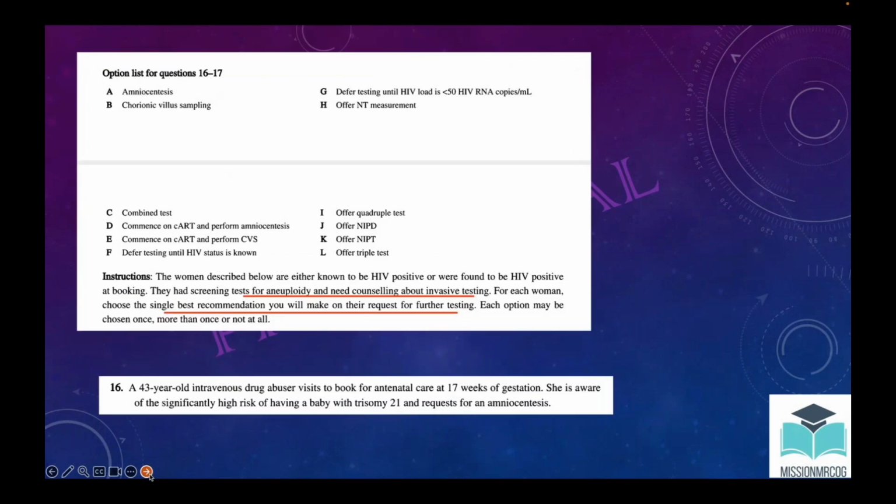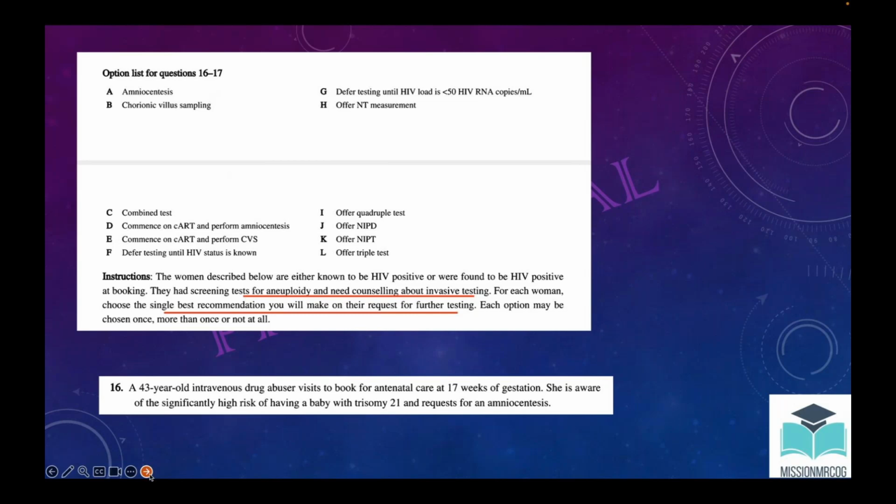So the patient is known to be HIV positive or found to be HIV positive on booking, so the screening test for infection and counseling about invasive testing. A 43-year-old woman, a drug abuser, came for booking at 17 weeks of pregnancy. She knows the baby has high risk and wants amniocentesis. Option G? No, why?